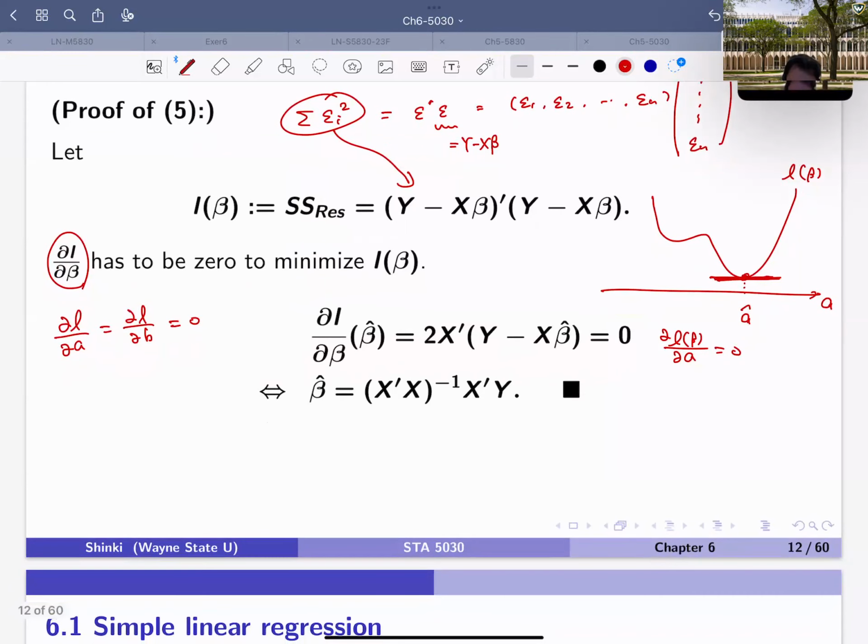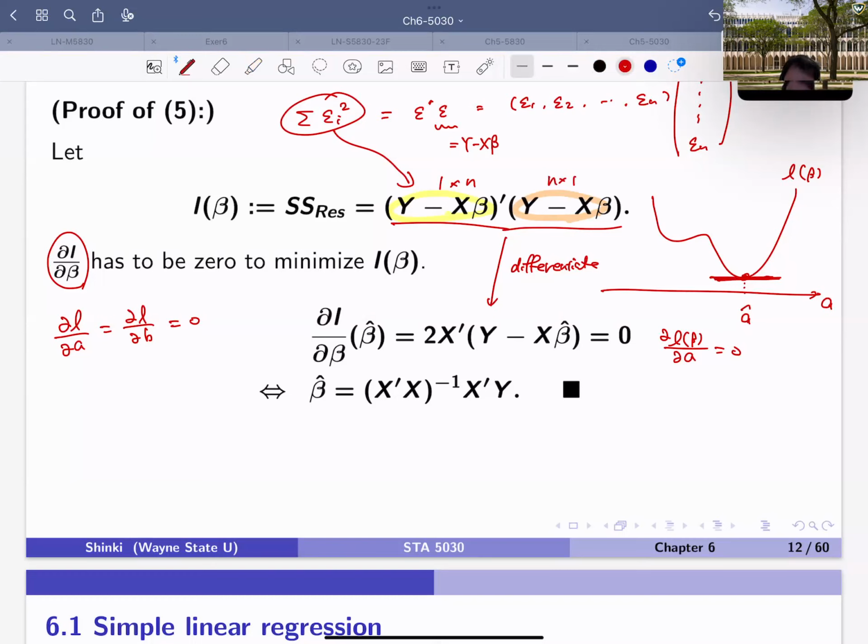So we differentiate this one. Actually, we need the product rule. We have two factors, and each vector is n by 1 or 1 by n.